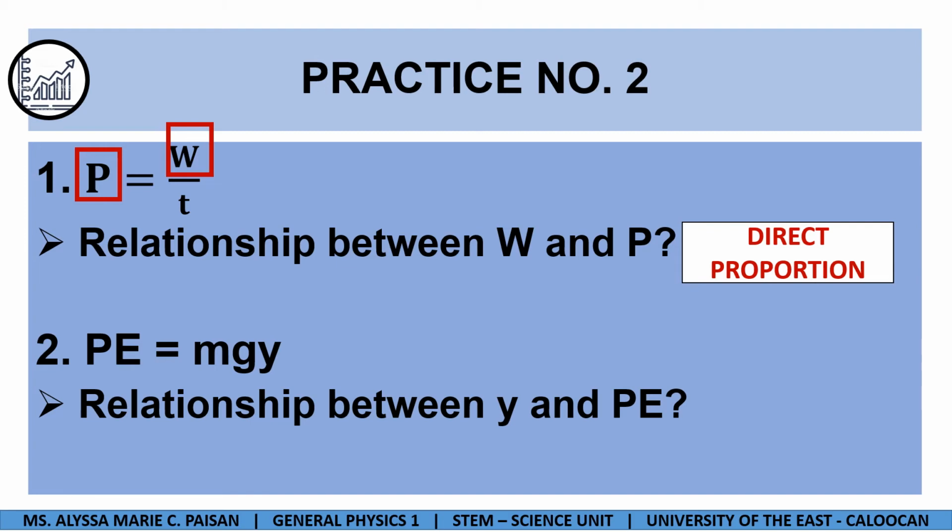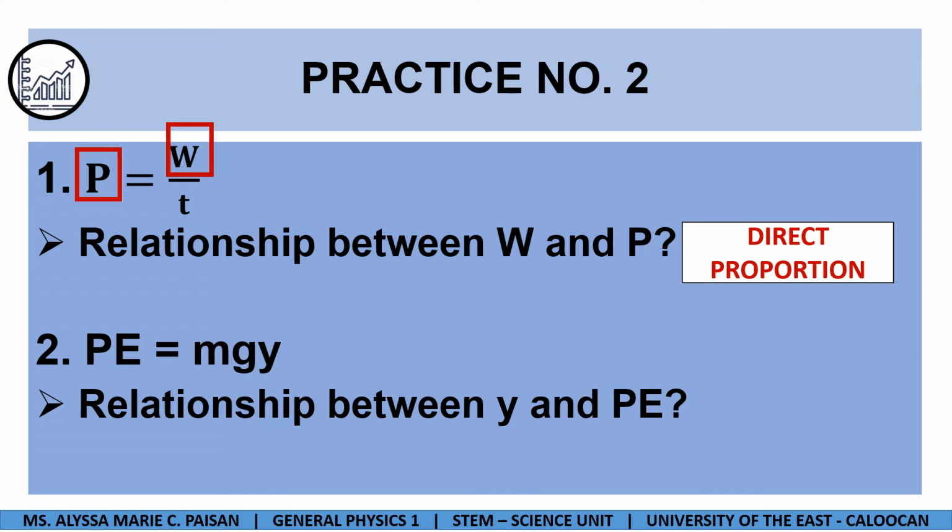If that's the case, as you can see, if the one variable is in the numerator and the other variable is a whole number, we could conclude that their relationship is direct proportion. Okay? Now let's have number 2.